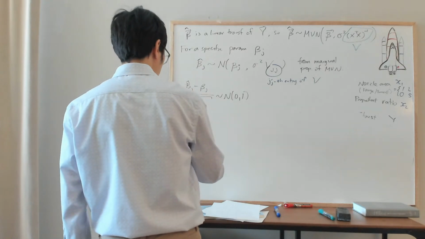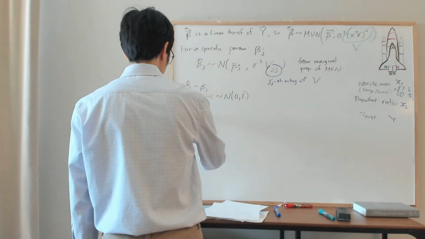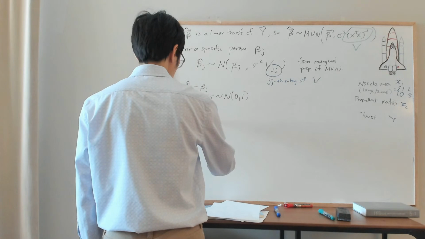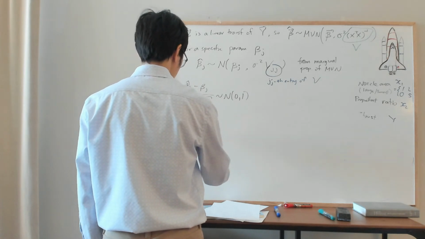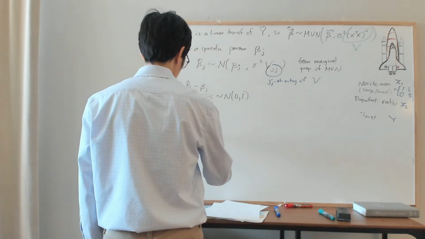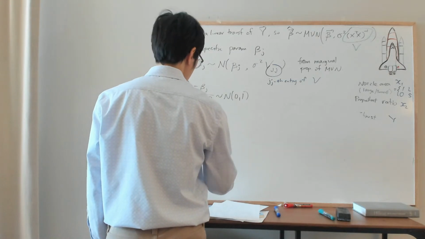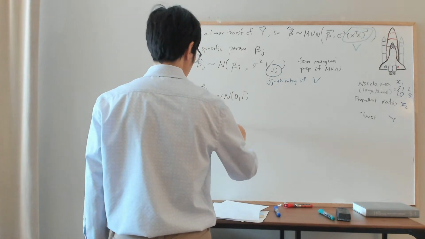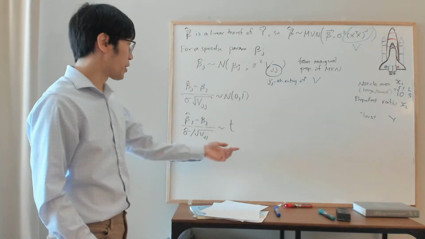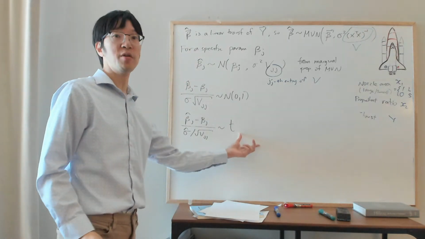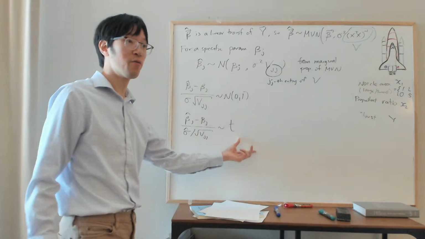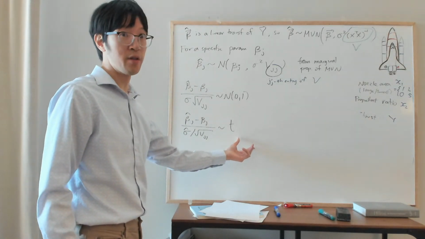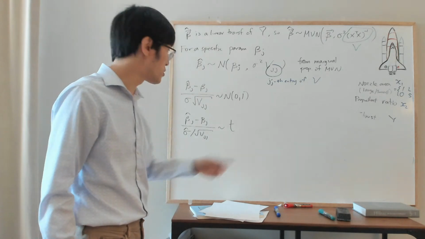In practice, we don't have sigma, so we replace it by its estimate. So we put sigma hat times square root of bjj. This, as in the simple linear regression case, we know has a t distribution. The degrees of freedom come from the degrees of freedom we talked about in the chi-square for the residual.